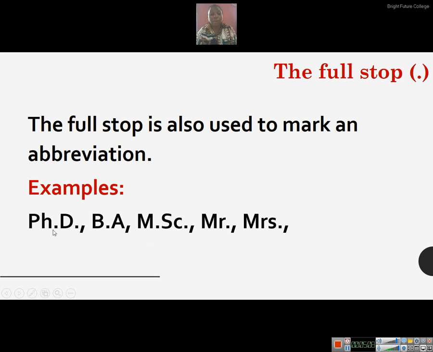So we have the PhD, BA, MSc. This MR is Mr., MRS is Mrs., MSc, Master of Science, Bachelor of Art, and so on. So that is how you use the full stop in abbreviating. You use the dot after each letter that represents a whole word.